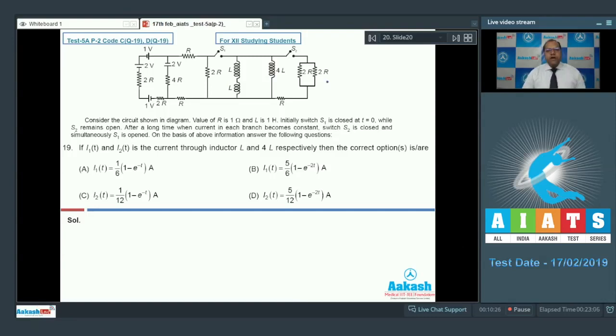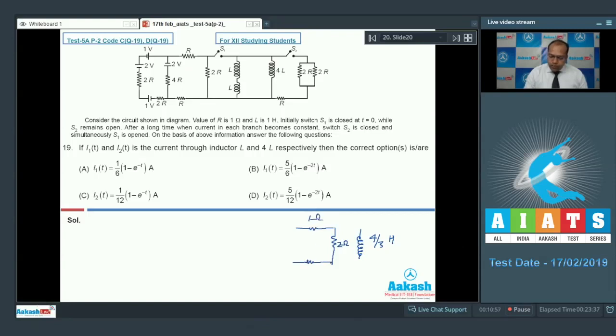So if I redraw this diagram at t equal to 0, when switch S1 is closed and S2 is open, in that situation, it will be like this. This 4L and this 2L are in parallel, so their equivalent is 4 by 3 Henry. This is 2R. Value of R is 1, so it is 2 ohm. This is 1 ohm.